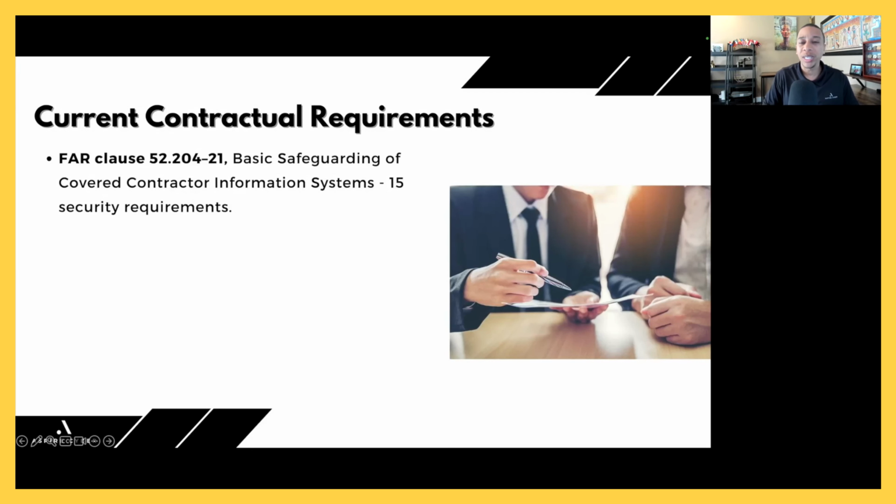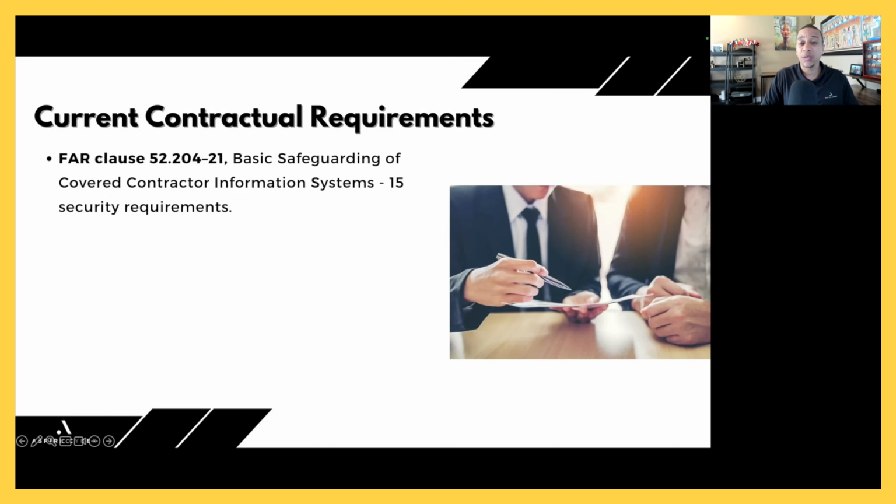I'm going to provide more detail in the following slides of what is federal contract information, but just know if you're a federal contractor, then this contractual requirement likely is a clause in your contract. This is not where you can wait around for the CMMC 2.0 rule to be finalized. This has been a contractual requirement for federal contractors since 2021. So those are 15 basic cybersecurity safeguards to protect federal contract information.